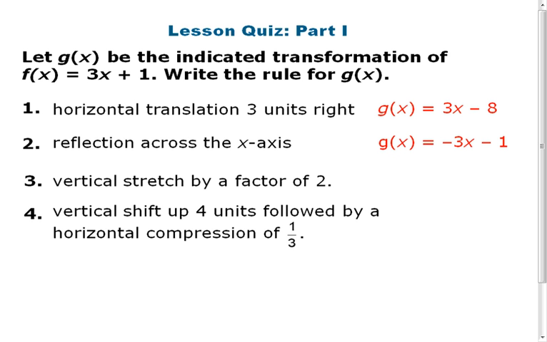A vertical stretch by a factor of 2. It should make sense. And now we have a vertical shift up 4 units, followed by a horizontal compression of 1/3. See if you come up with those, and we'll go from there.